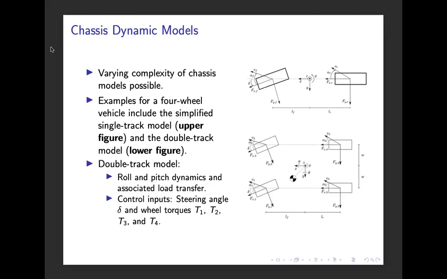We can consider the steering angle, how much we change the orientation of the front wheels, and the torques that we apply on the respective wheels as the inputs to this model. So we have torques on the wheels, and we can also control the delta angles.